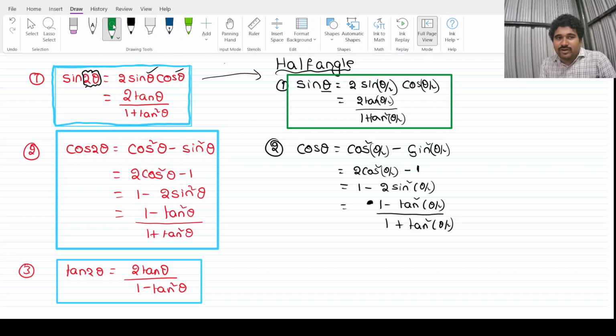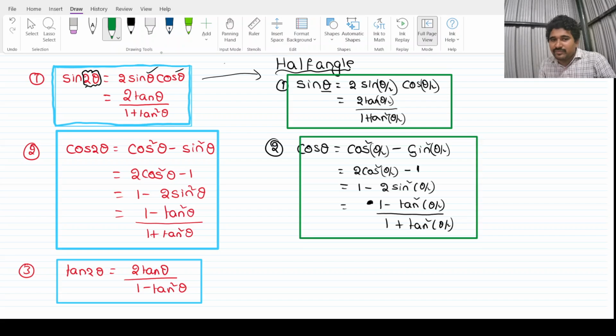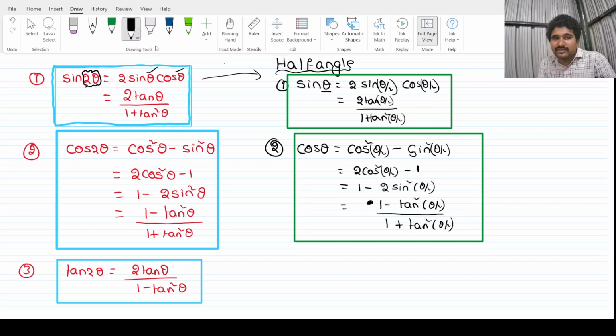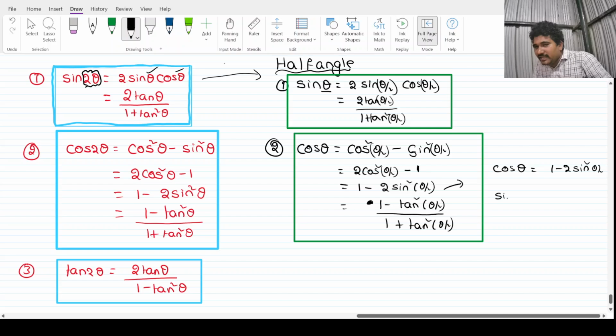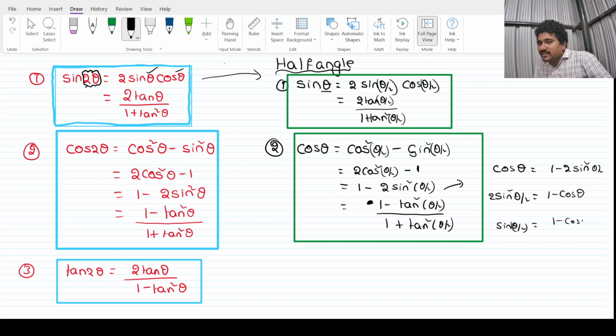He is telling one formula. If I take this part, cos theta is 1 minus 2 sine square theta by 2. I want only sine square theta by 2. What will I get? 1 minus cos theta by 2. So for sine theta by 2, I want 1 minus cos theta by 2 under the square root.